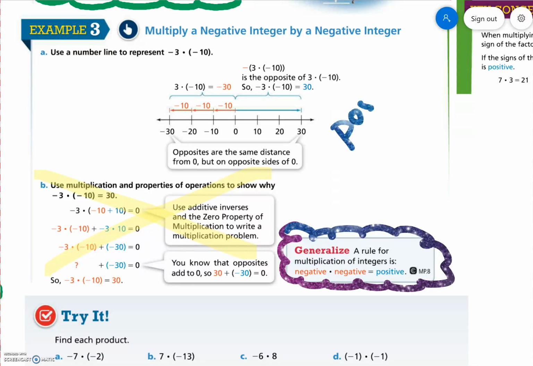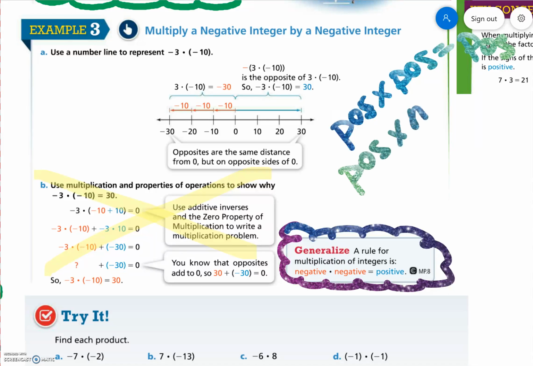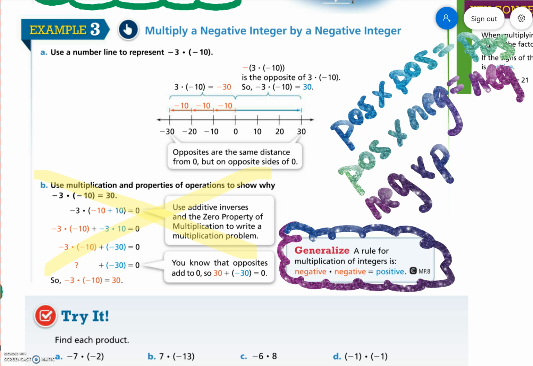A positive times a positive gives us a positive. A positive times a negative gives us what? Negative. A negative times a positive gives us negative.